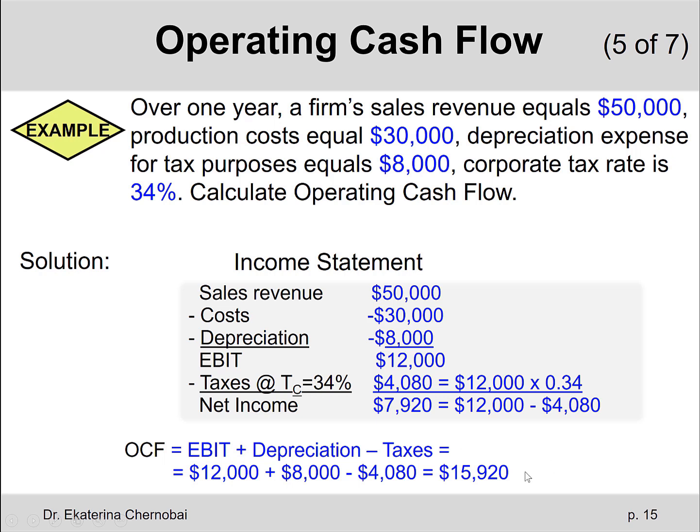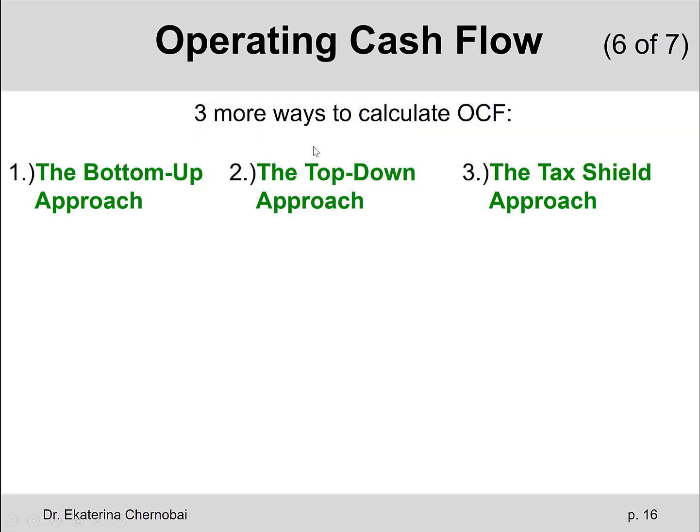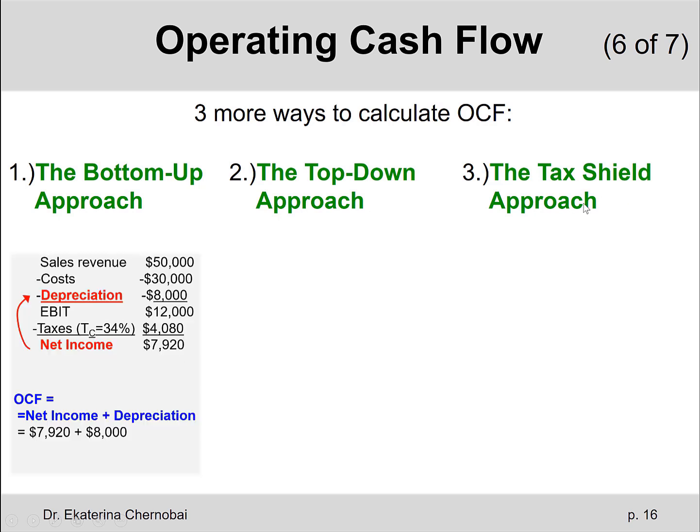This is the profit, the true profit that we would be earning over the first year of this investment opportunity. Turns out there are 3 more ways to find the operating cash flow: the bottom-up approach, the top-down approach, and the tax shield approach.